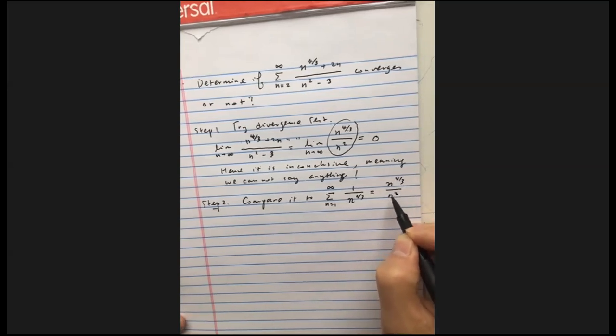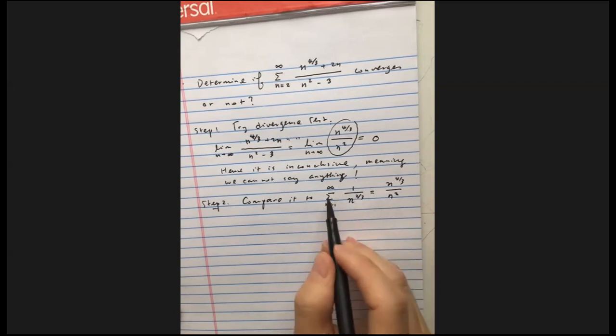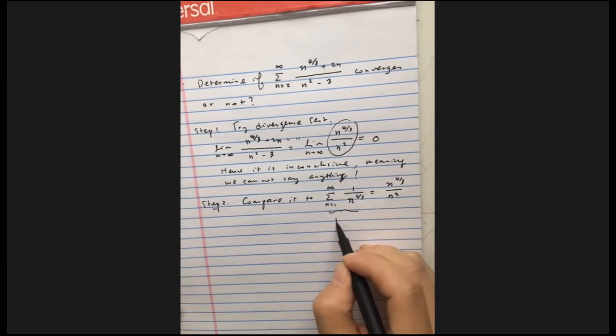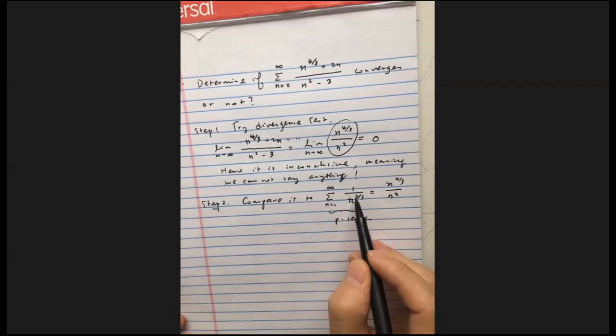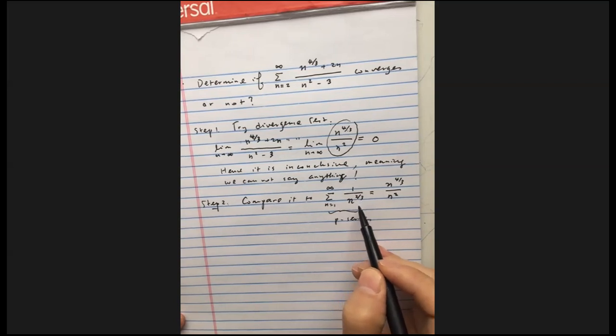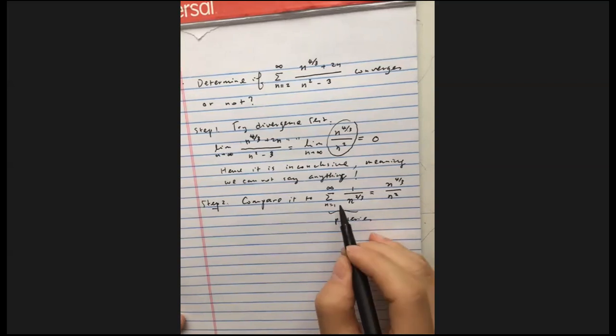This is where we are getting this p series here. So you can see from this computation that the p-value for the series is given by 2/3. That would mean that this series is converging or diverging in this case? Diverging, yes. So that means this one is diverging.